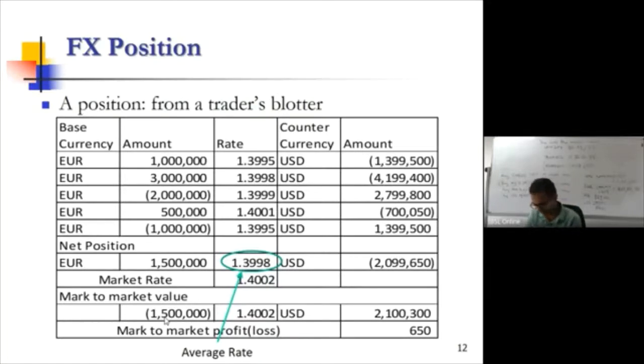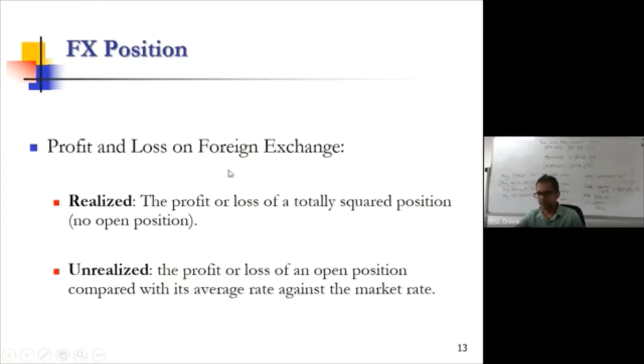Correct? So is it clear? What does it mean by a square position? You have netted off your long position against short positions, so you don't have any exposure to the market in that base currency. In the profit, we can segregate whether it's a realized profit or unrealized profit. Basically, you get the realized profit once you squared the position.